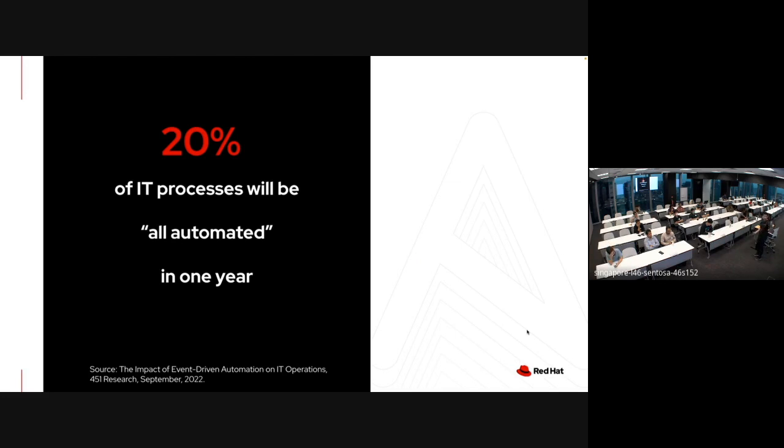We are expecting large numbers. In fact, another number shows that the number of automation architects is also going to increase quite significantly in the coming years. That is how this whole trend is moving, and hence why automation is important.